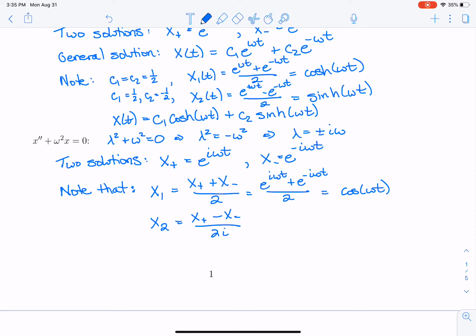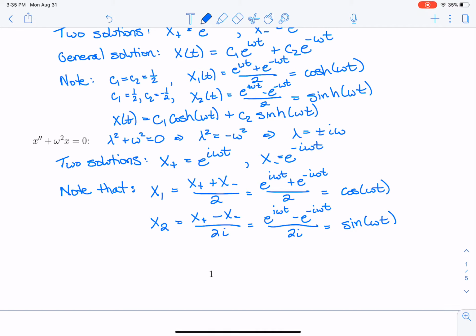So I'm going to take a linear combination of x plus and x minus. Notice that I'm going to allow for an imaginary number in that linear combination. That would be e to the i omega t minus e to the minus i omega t over 2i. So that would give me the sine of omega t. So I actually have two solutions, cosine and sine.